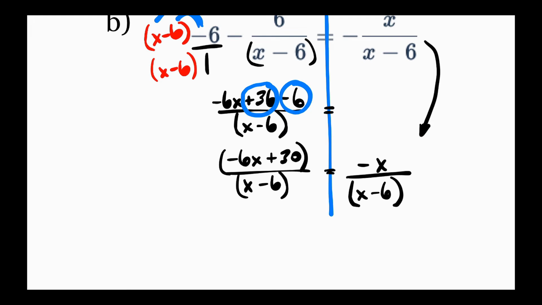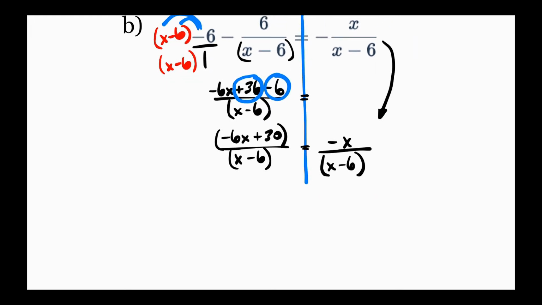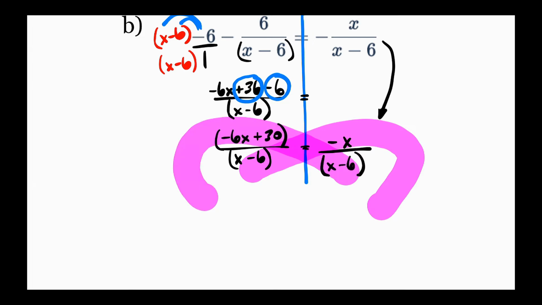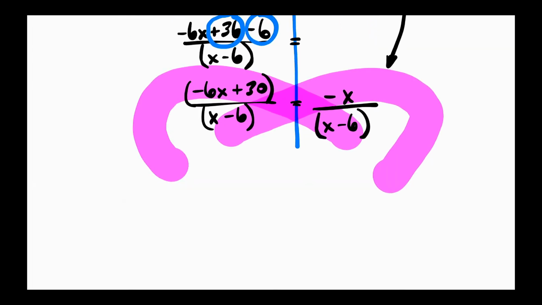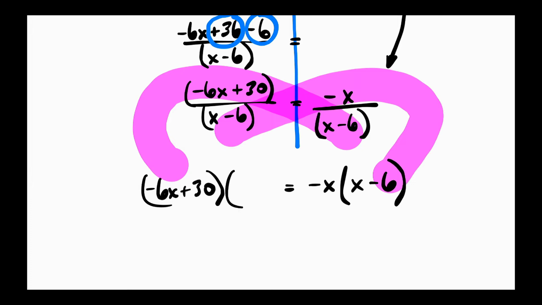So now I got to cross multiply. So one side is going to be -6, negative x minus 6. The other side is two binomials. Now I got to simplify before I can solve.